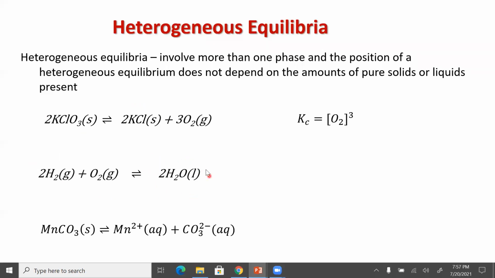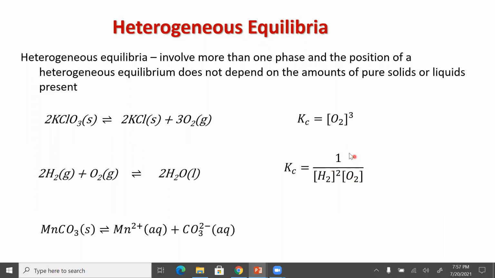Well, we can't put that into our equilibrium expression, so we would just put 1 in the numerator. And then we have our reactants in the denominator. So our K expression for this heterogeneous equilibrium would be 1 over the concentration of hydrogen squared times the concentration of oxygen to the 1.